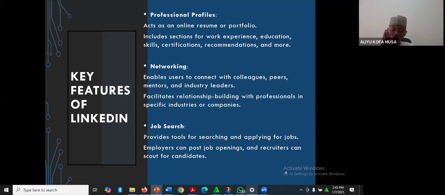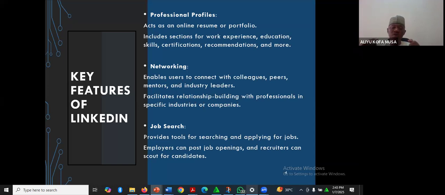It enables users to connect with colleagues, peers, mentors, and industry leaders. You may come and see Dangote, Microsoft, Facebook, Mark. They are all there on LinkedIn. If you go and search, you will see them.